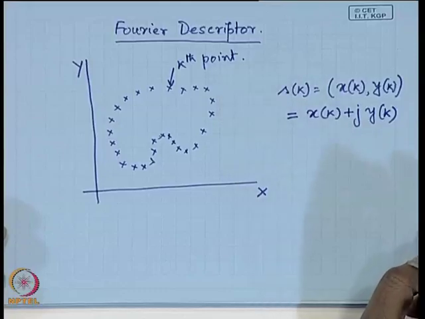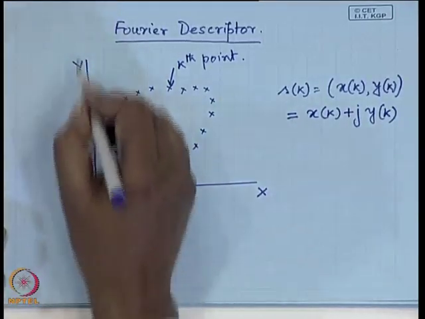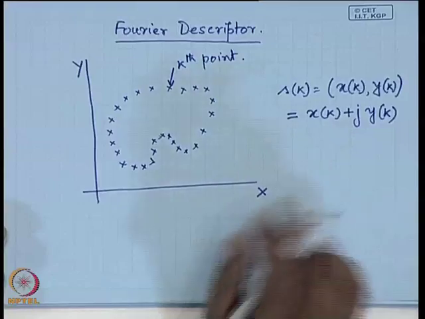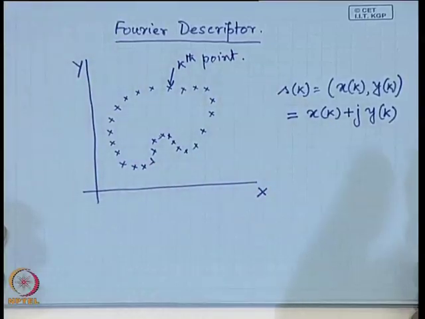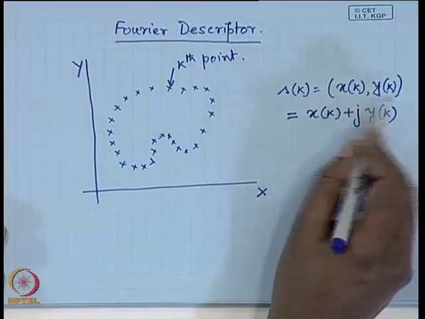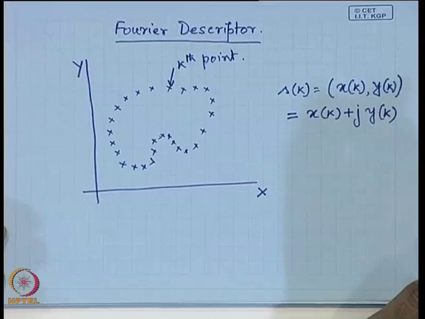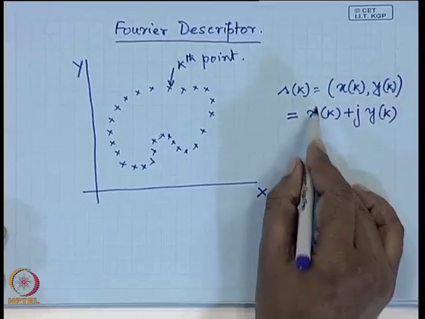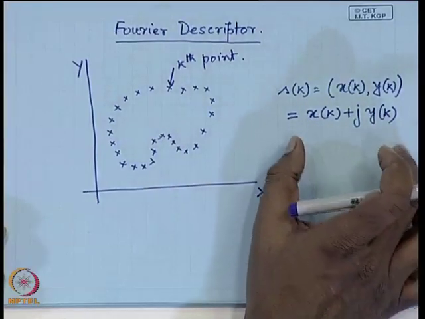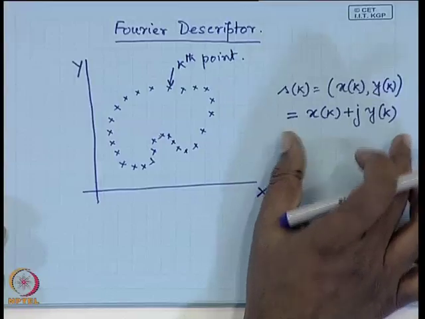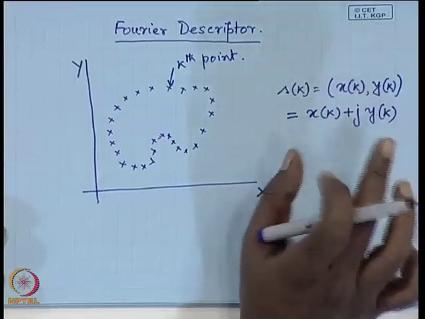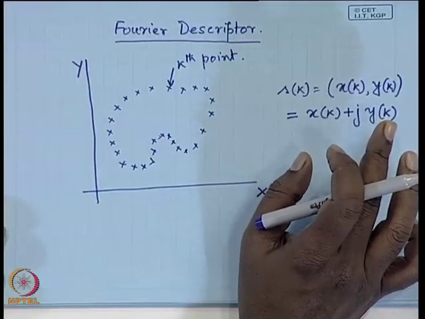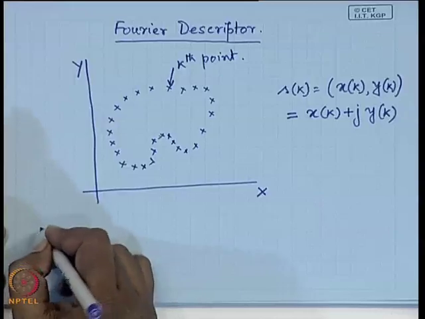It is simply my x coordinate the real axis, and my y coordinate I am assuming to be the imaginary axis. So, this coordinate I represent by a complex number. Once I do this, I can find out the Fourier transform of this particular sequence of boundary points.